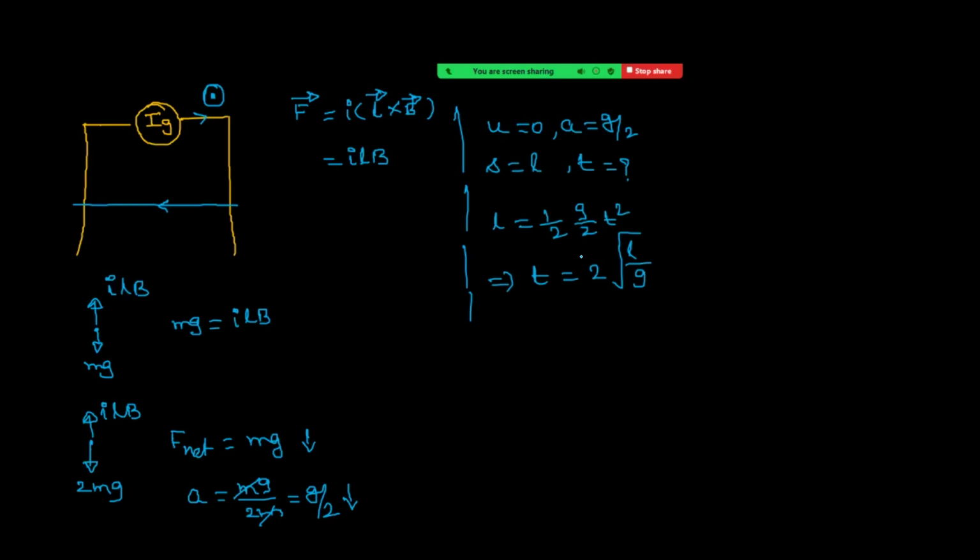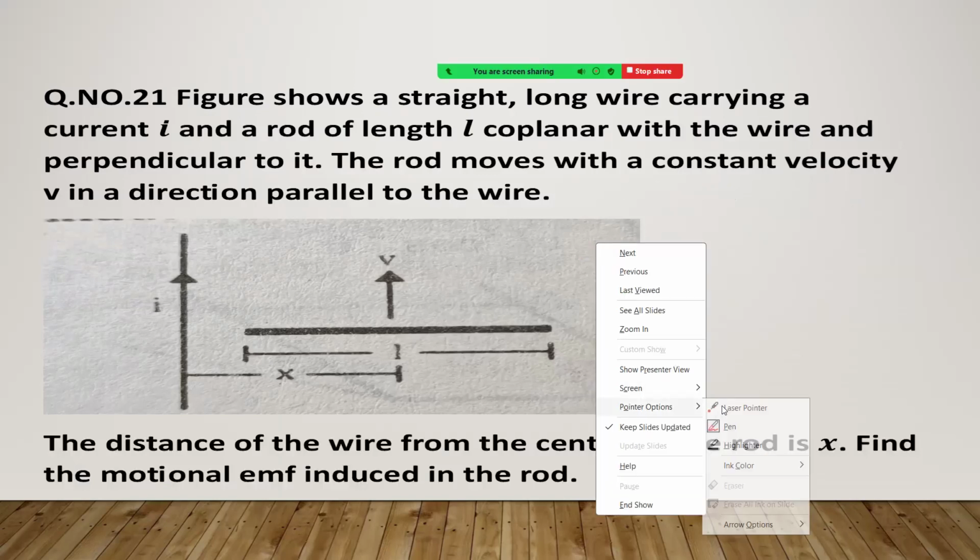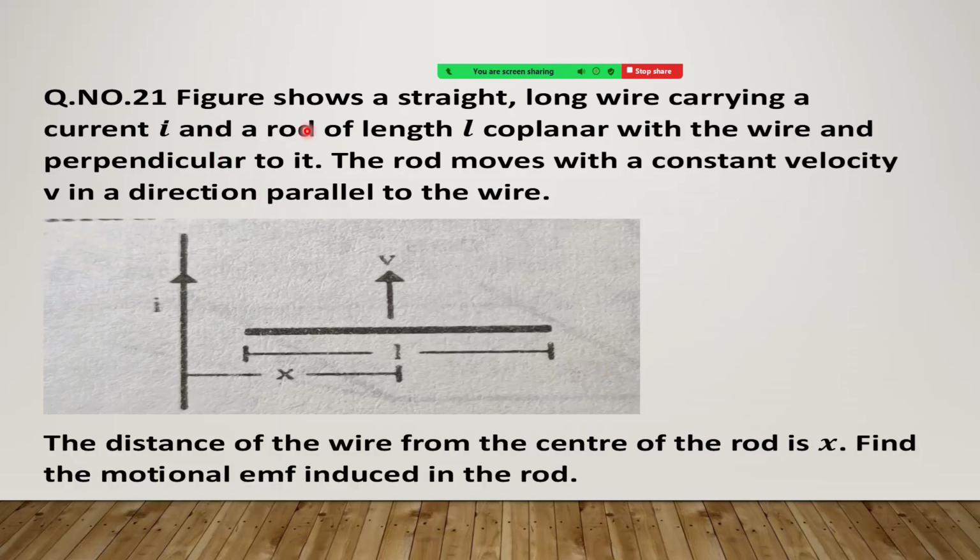Let us see the next problem. Figure shows a straight long wire carrying a current I and a rod of length L coplanar with the wire and perpendicular to it.